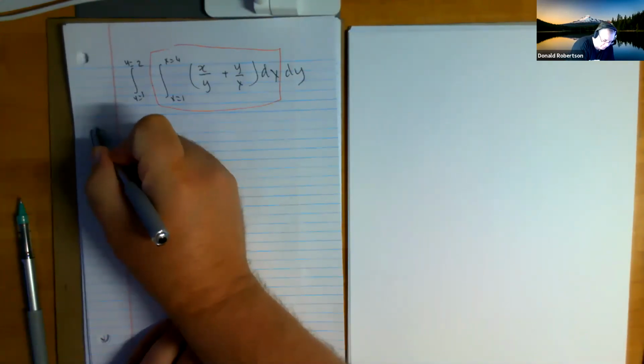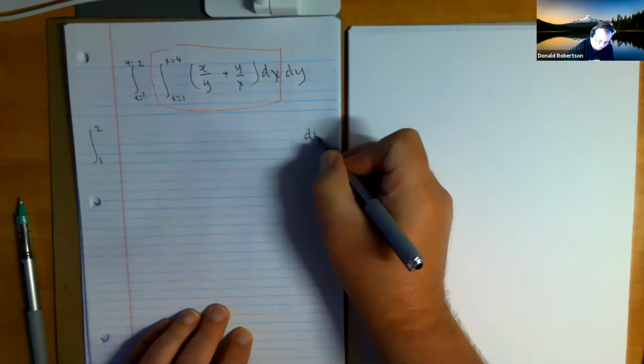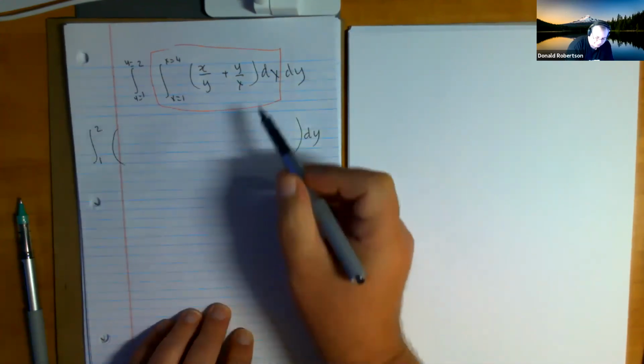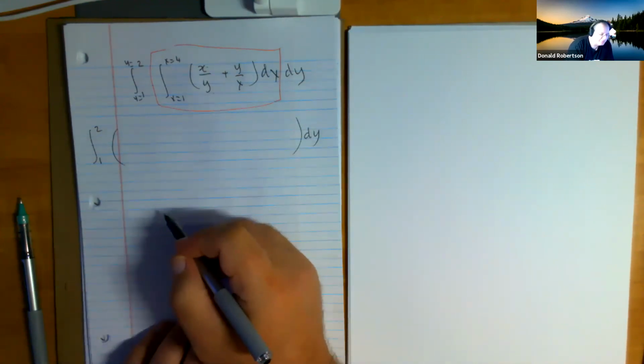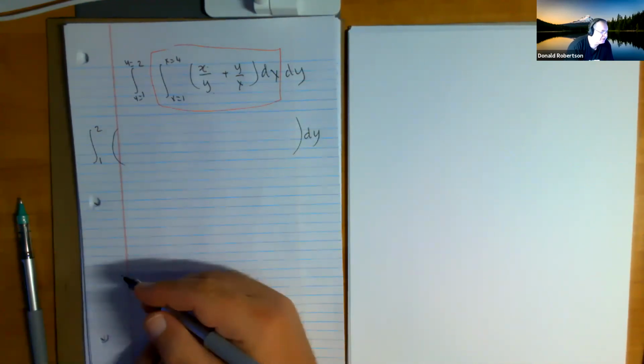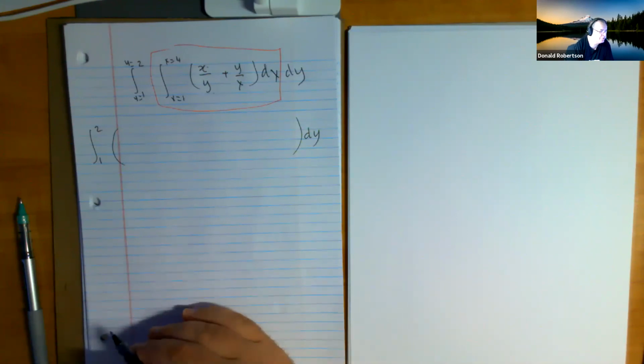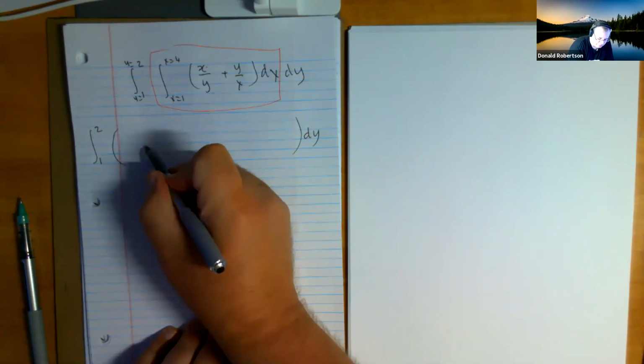So y is going to go from 1 to 2, going to be a dy over here. Let's see what we get. Integrate x over y with respect to x. It's going to be a little bit messy, isn't it?